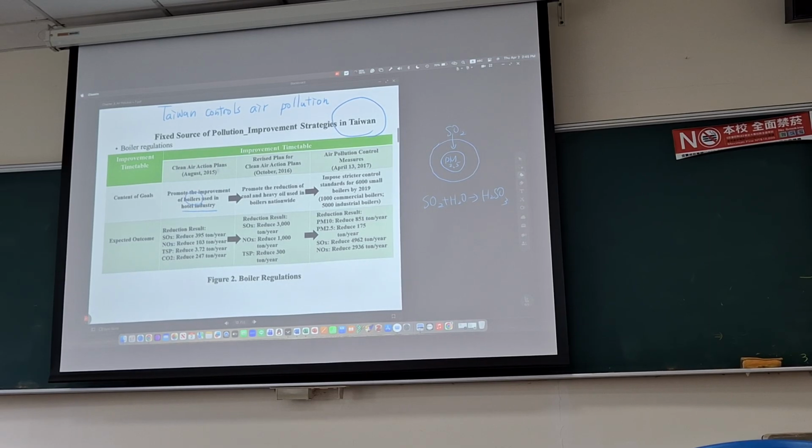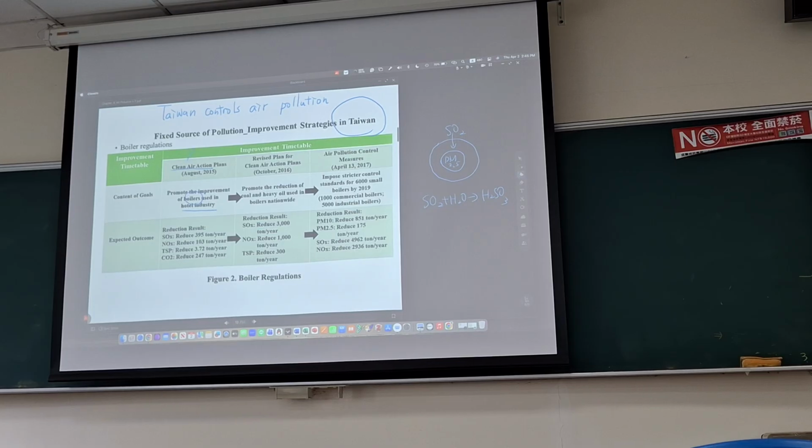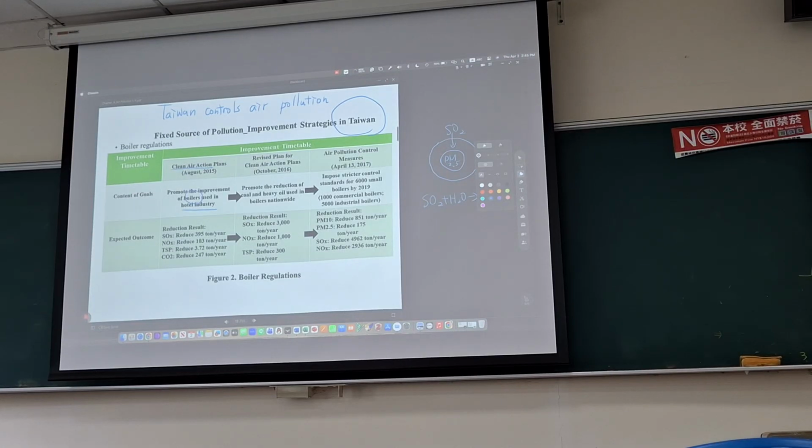This is the CAA, but the CAA here is the Clean Air Act for Taiwan, not for the United States.